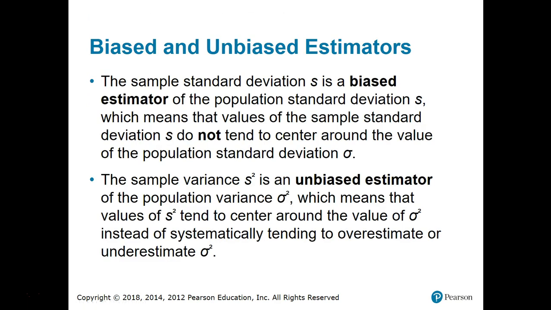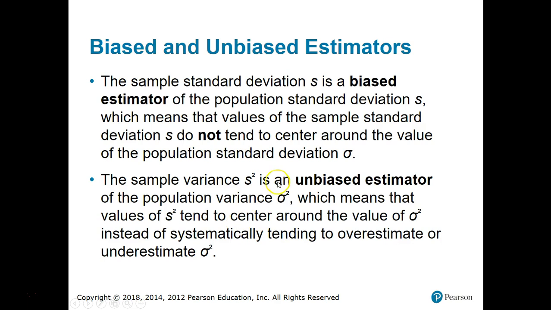All right. Biased and unbiased estimators. Standard deviation is going to be a biased estimator, and this means that the values of the sample standard deviation do not tend to center around the population sigma. The variances are unbiased, which means they do tend to center around sigma squared.